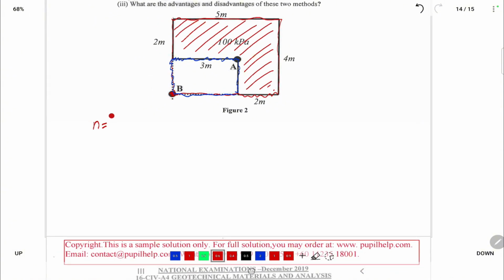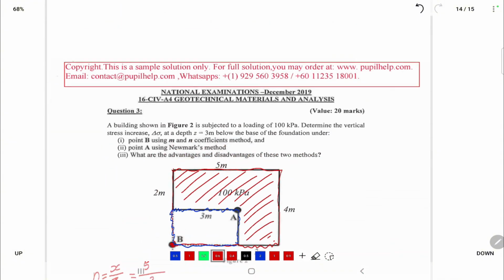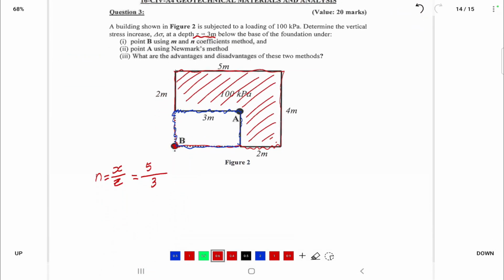N is X over Z. X is the length side of the rectangle, so it is 5 over 3. Z is the depth of the point at which it is desired to compute the increase in vertical stress.